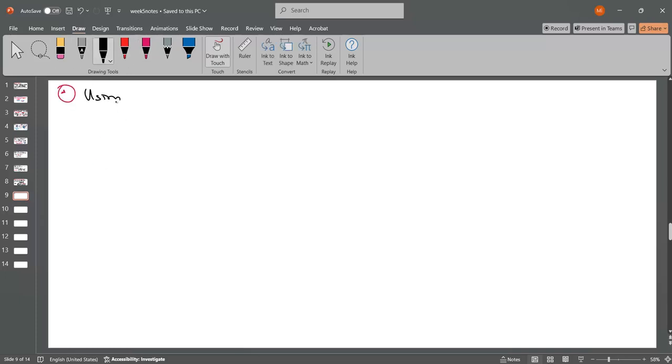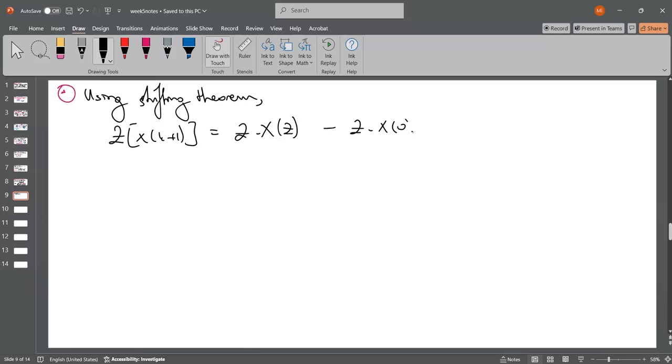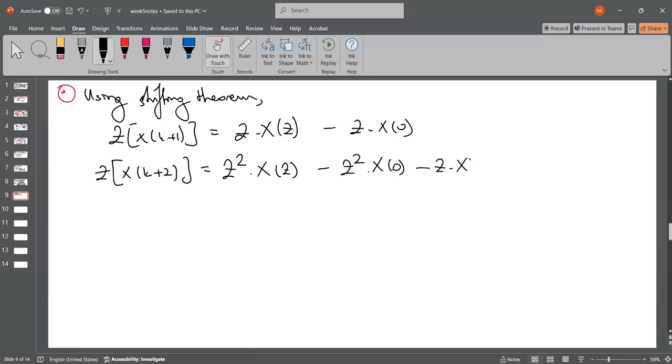Using the shifting theorem, Z of x(k+1) is equal to z X(z) minus z x(0). Okay, it's coming from the previous equation. Or Z of x(k+2), which is equal to z squared X(z) minus z squared x(0) minus z x(1).